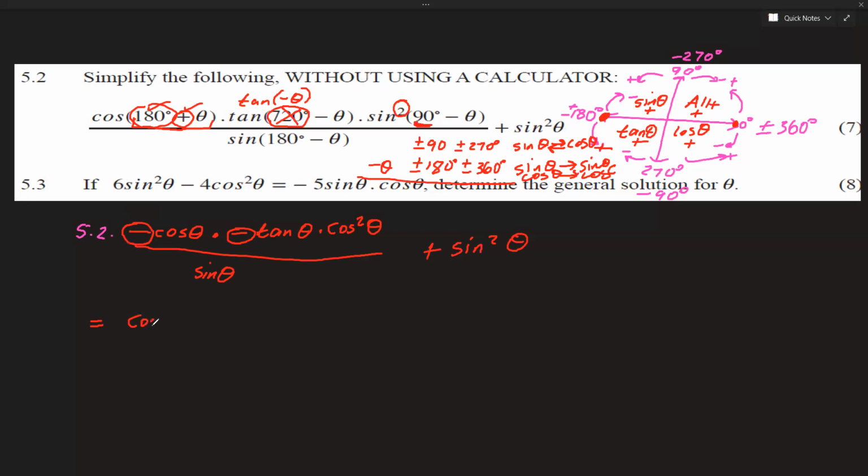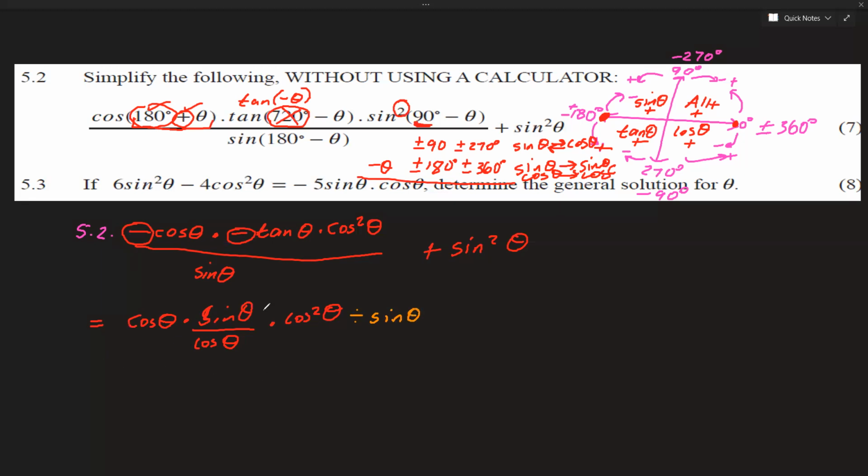And then now I have cos theta. Remember, tan is an identity, right? So it's going to be sine theta over cos theta multiplied by cos squared theta. Because I already have a division here and another division there, I'm just going to convert this one to divided by sine theta.